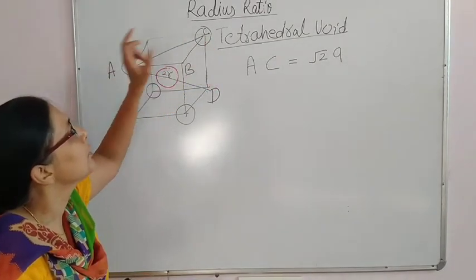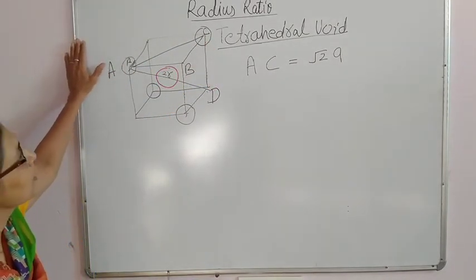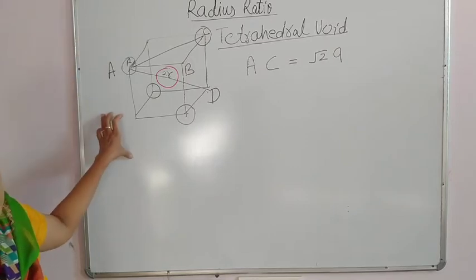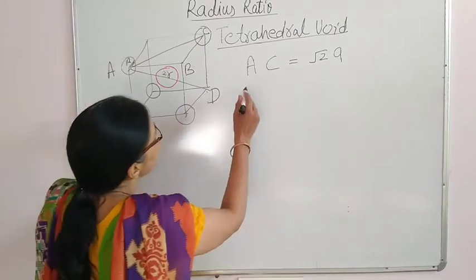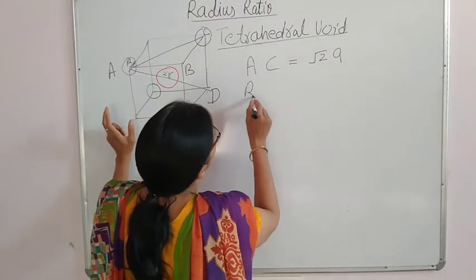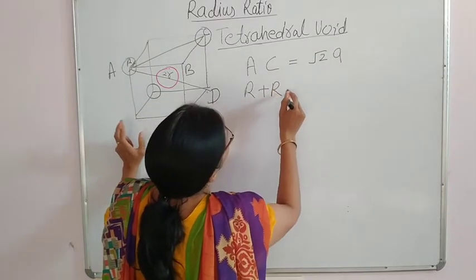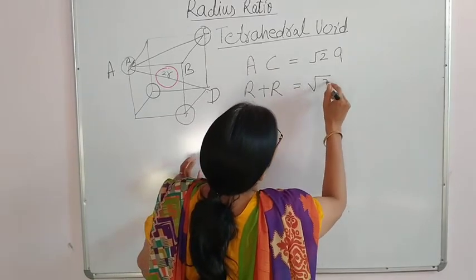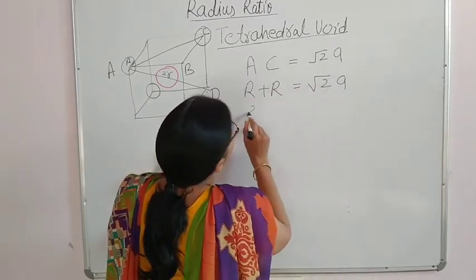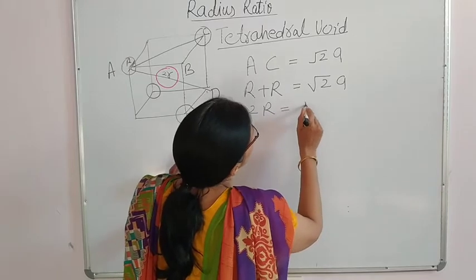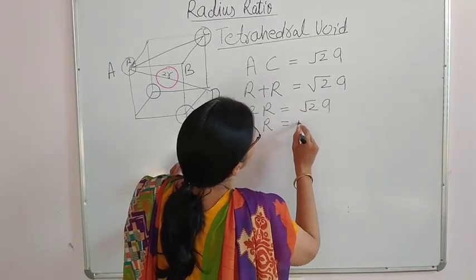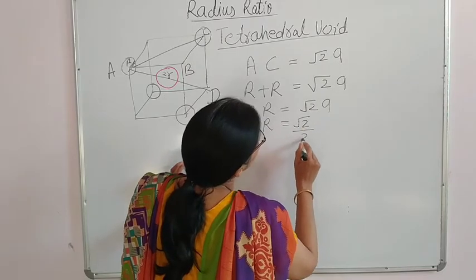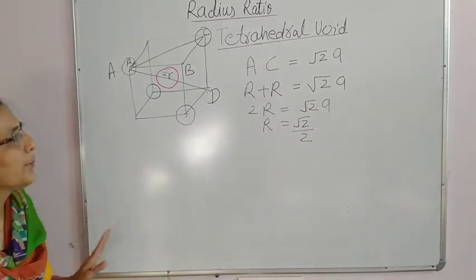For convenience we have shown them at a distance, but it will be equal to capital R plus capital R. So it is equal to root 2 a. So 2R is equal to root 2 a. R is equal to root 2 upon 2 a. In this manner it will be.